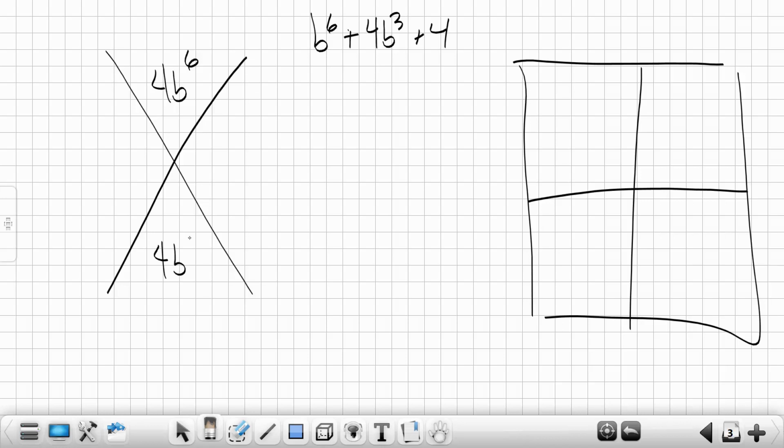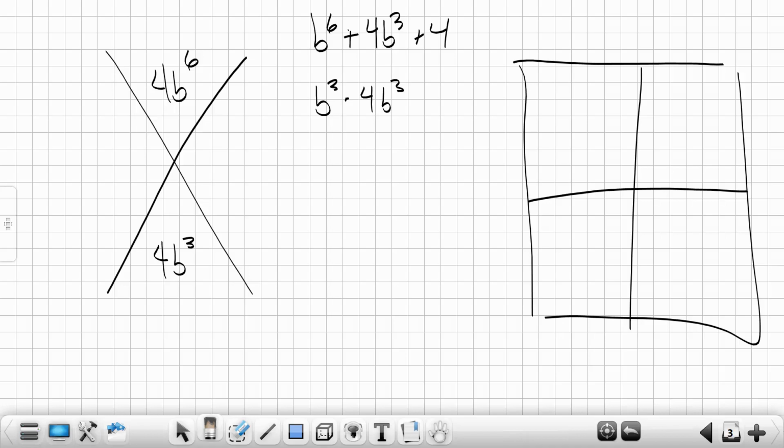4b cubed. What would multiply to 4b to the 6th? Either b cubed times 4b cubed, split that in half, right? That would make 4b to the 6th, right?